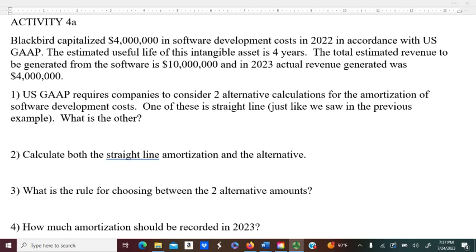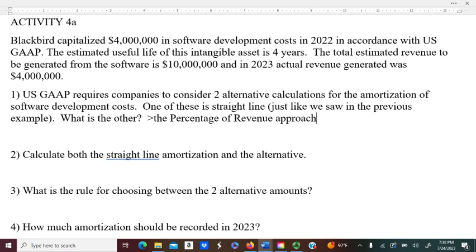So let's go through these activities and see what we can come up with. US GAAP requires companies to consider two alternative calculations for the amortization of software development cost. One of them is the straight line, like we looked at in the previous activity. What is the other? Well, as you remember from your reading, it's called the percentage of revenue approach.